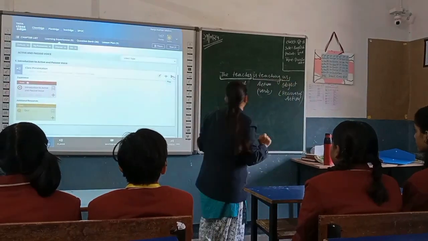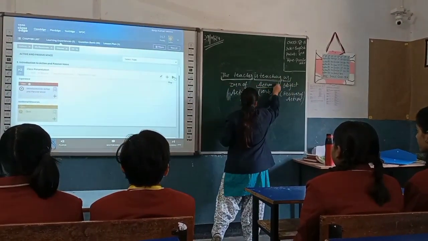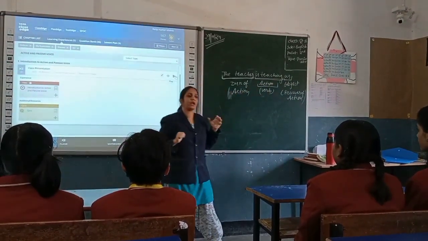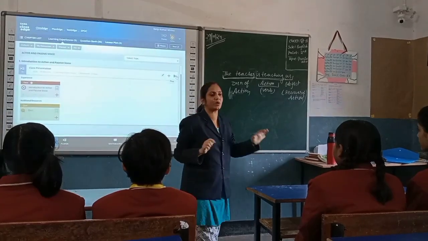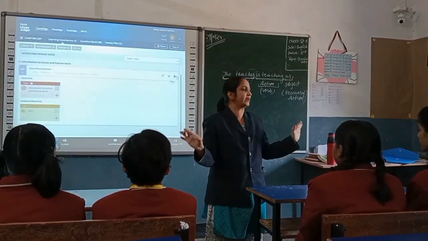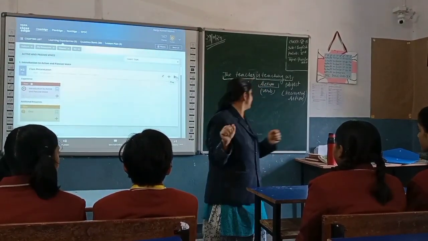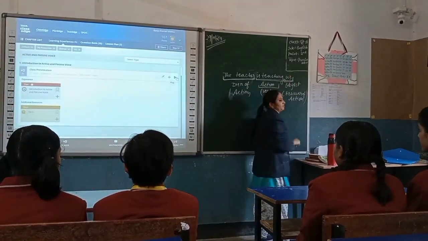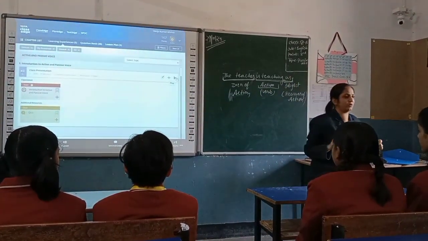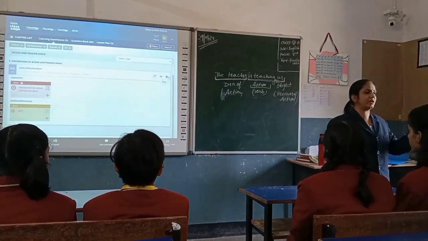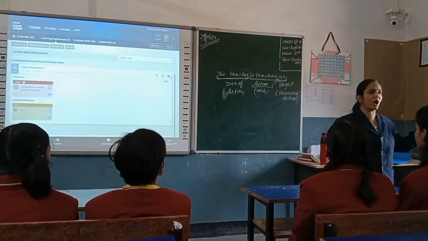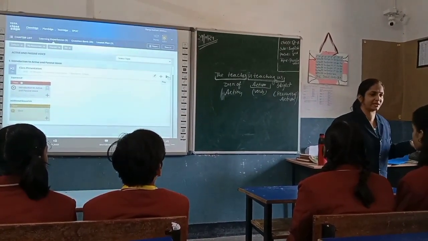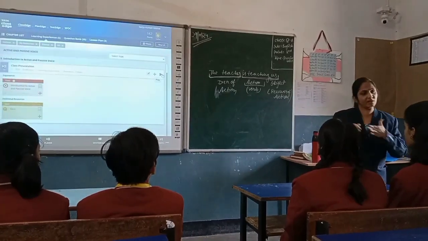Okay, the next one is action. It is also one of the important parts in any sentence. Without any verb, no sentence can be completed. The third one, us. This us is our object. So object is there in the sentence. Now how am I going to change my sentence into another way and get the same meaning?